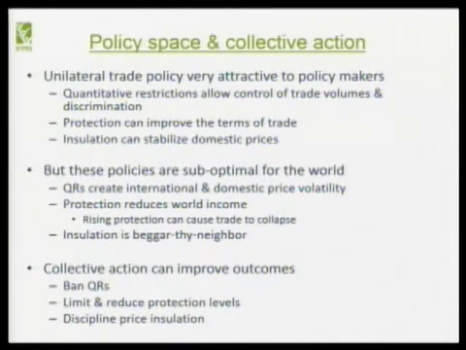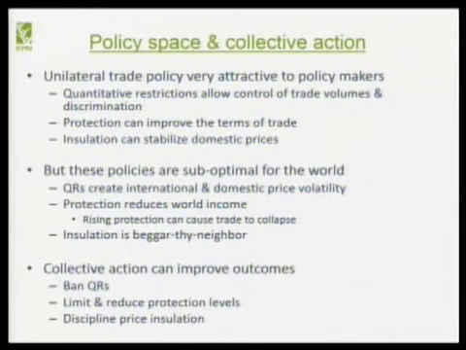But these policies have huge collective action problems. They're suboptimal for the whole world. Quantitative restrictions are even suboptimal for individual countries. They introduce a lot of international price volatility and even domestic price volatility. As we see in Africa, many countries have all sorts of interventions, and maize prices which are much more volatile than world market prices.